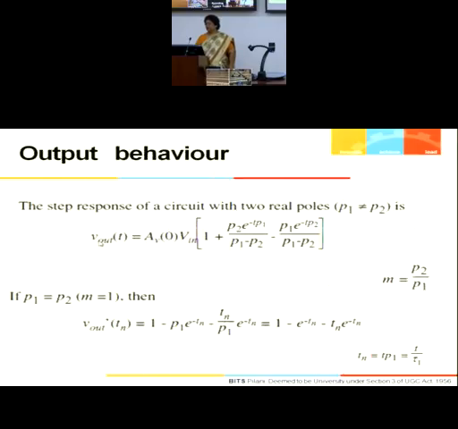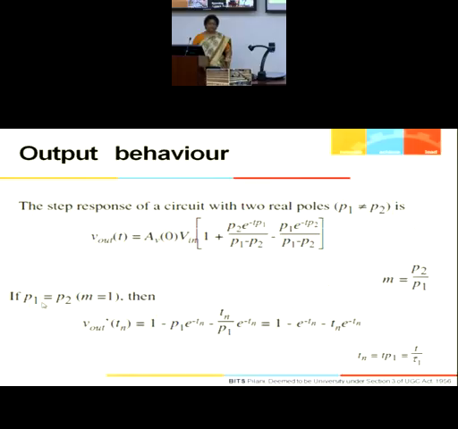So this is what you will obtain. You may check it on your own by taking the inverse Laplace transform of that function. So the time domain representation of output voltage as a function of time depends on the two poles P1 and P2.